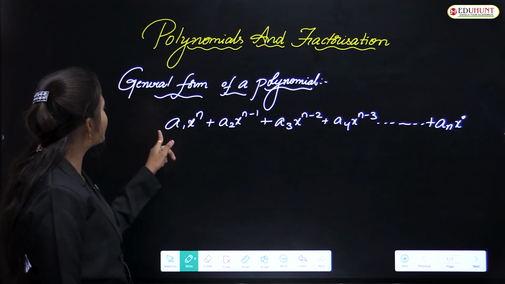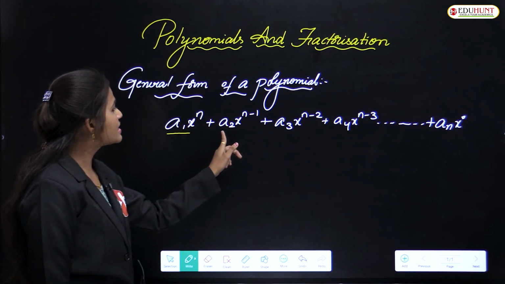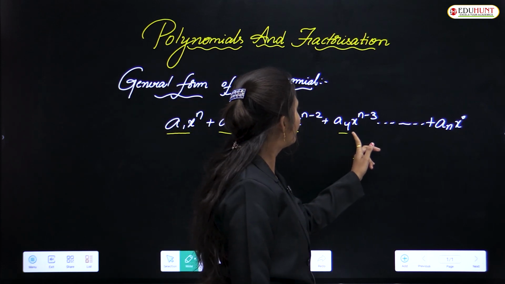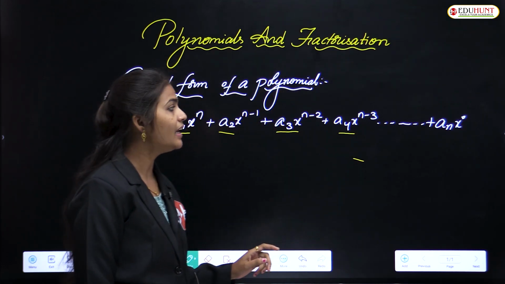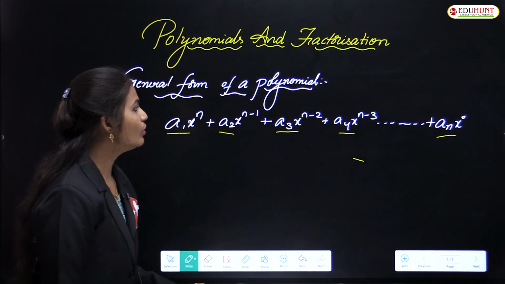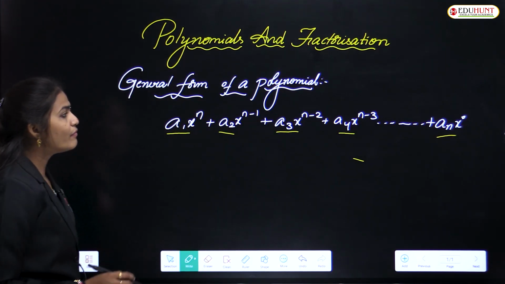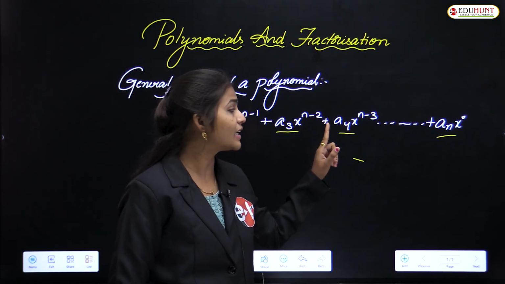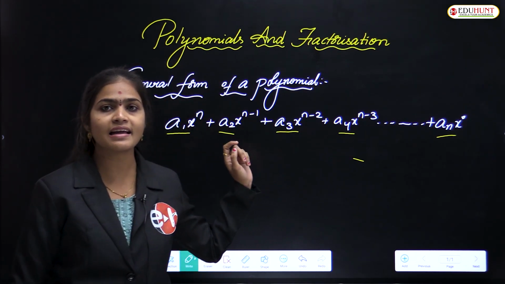So here the first one is a1 x power n plus a2 x power n minus 1 plus a3 x power n minus 2 plus a4 x power n minus 3 and so on, plus an x power 0. So children, when you observe the powers of the variable x, in all terms we can observe that there is one variable, that is x.